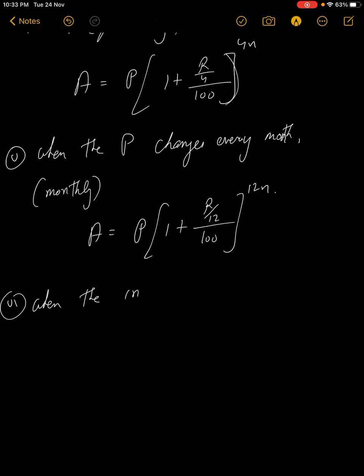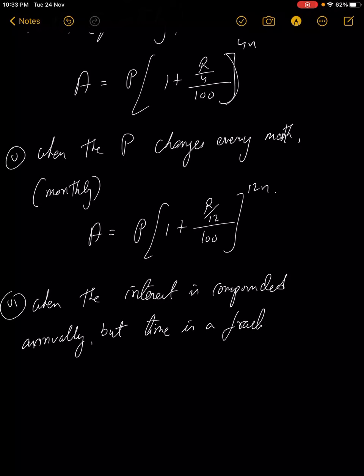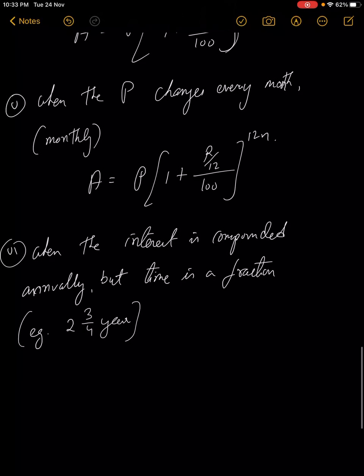Then, when the interest is compounded annually, but the time is not annual, like time is a fraction, let's say 3 by 4 years.